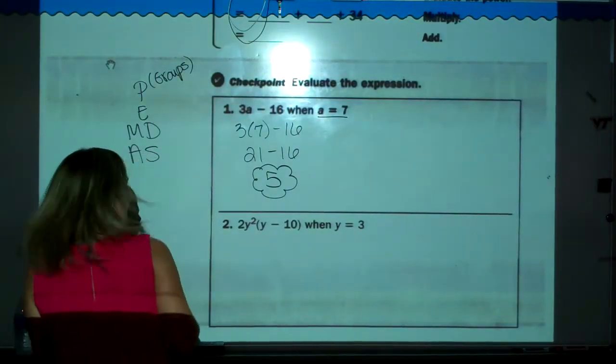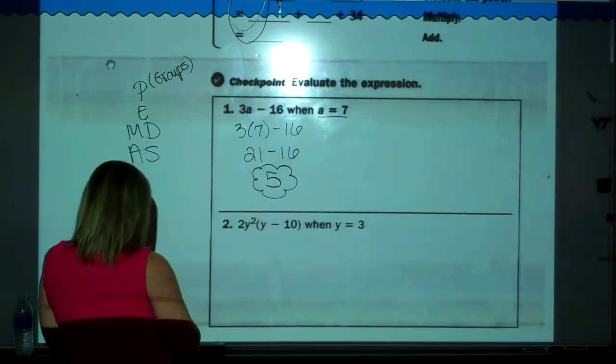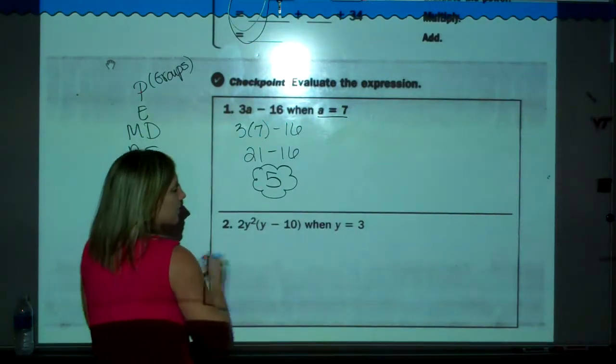This one, let me try a different color. There we go.